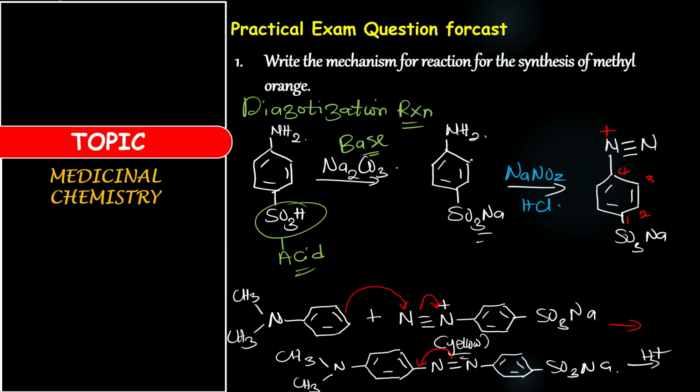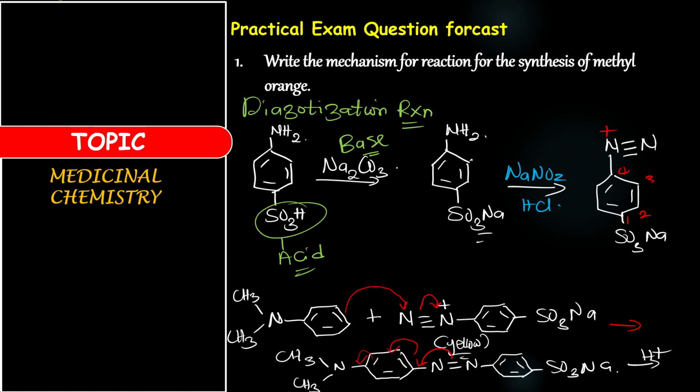Are you getting it? Now, when this group comes here, what do you think will happen? Are you sure it is at that position? Yes. That group there will come there. And then this one here will come up. Yeah. Is that okay? And then finally, this group here will come here.